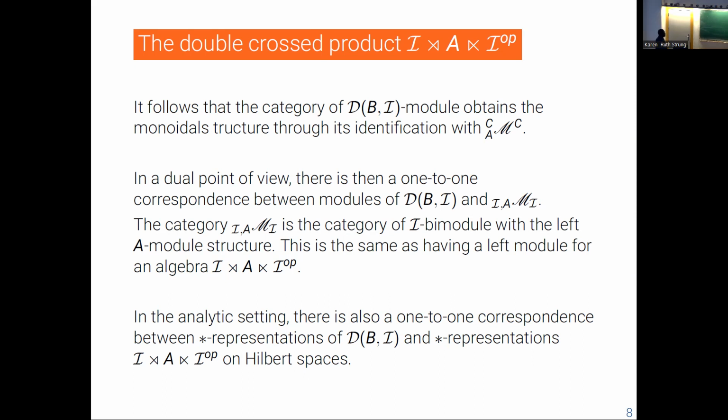So this is the same as having a left module for this double cross product algebra. In the analytic setting, there also exists a one-to-one correspondence between star representations of this Drinfeld double and star representations of this double cross product on Hilbert spaces. So we just complete to get the Hilbert space.